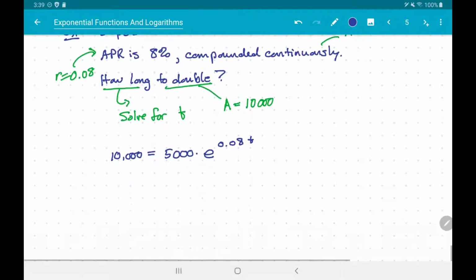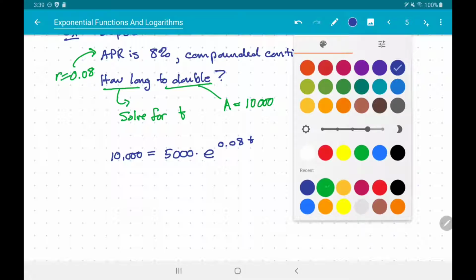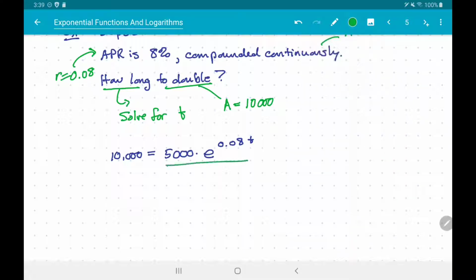Okay, now that we've set this up, how do you solve this? I have to start by undoing multiplication by 5,000. So I will divide by 5,000 on both sides.